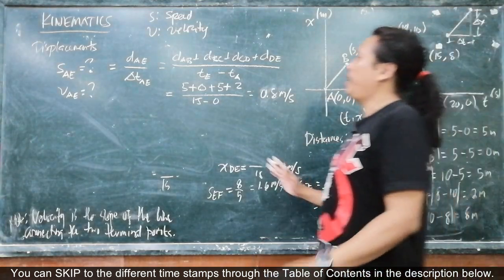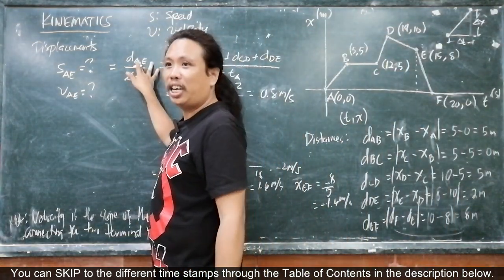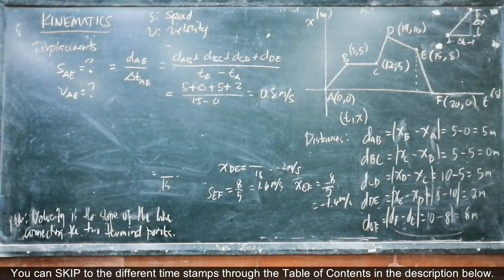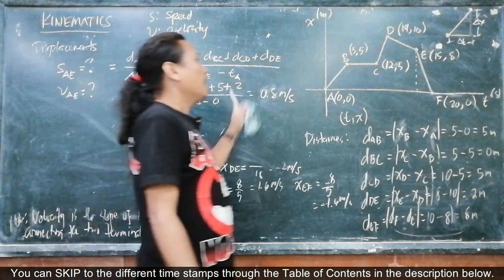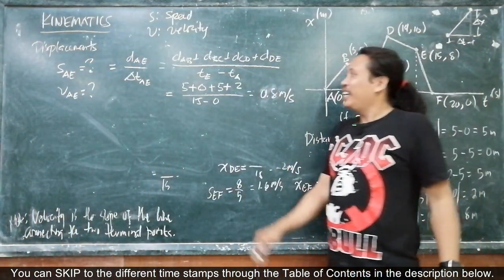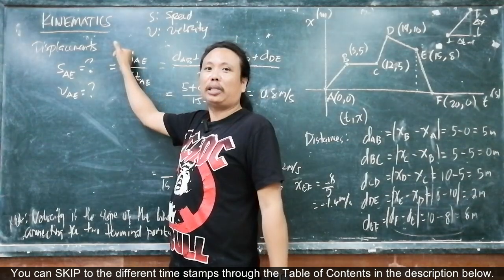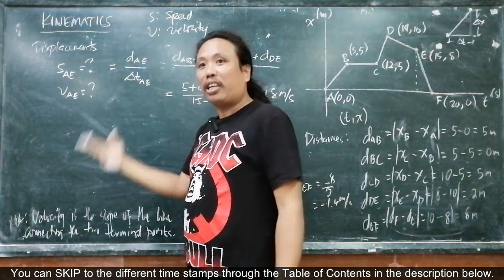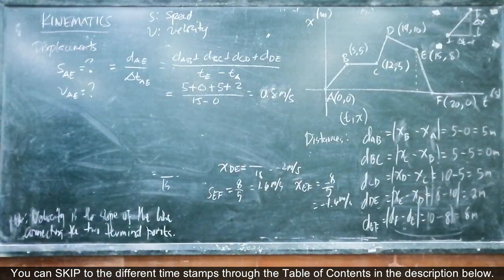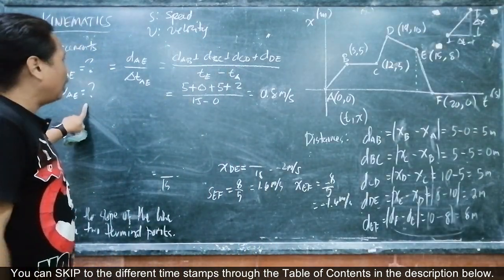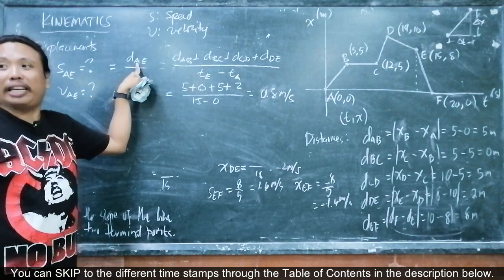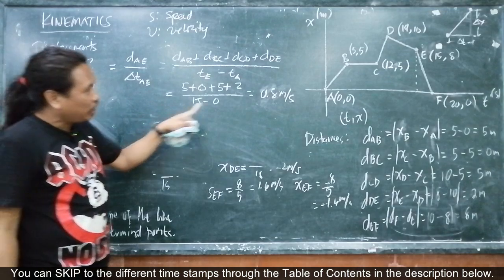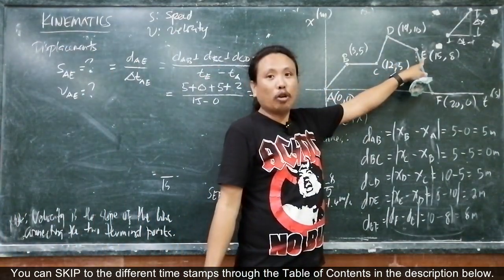Okay, what does DAE mean in this case? DAE is the total distance covered from point A to point E. Now, again, the distance is path dependent. Just like that curve, remember the curve? It depends on the path. So meaning, there are many ways to arrive at E from point A. And in our case, we are taking this trajectory into our context.